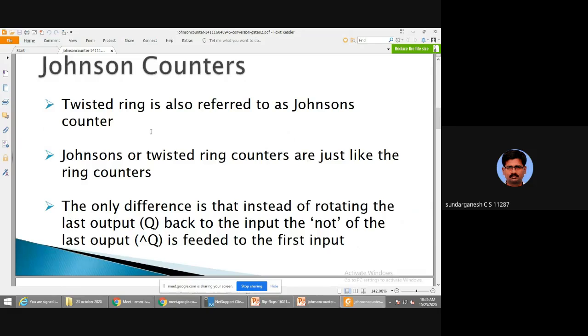Twisted ring counter means that instead of taking the Q output of the last flip-flop, we take the Q bar of the output of the last flip-flop. The only difference is that instead of Q, we are taking Q bar to the first input of the flip-flop.